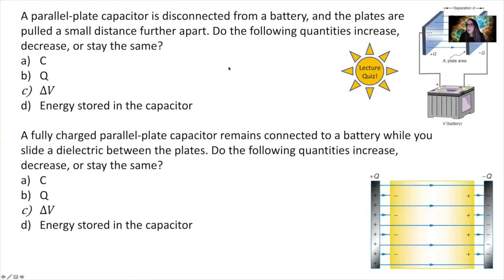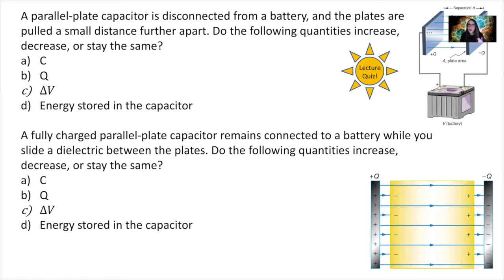Now for your engagement check here, your concept engagement, I'm going to ask you this first question. We're going to think about it conceptually. You have a parallel plate capacitor, and it's going to be disconnected from a battery. The plates are pulled a small distance further apart. So we've charged the capacitor, we're removing it from the battery, and we're going to increase the distance between the plates.